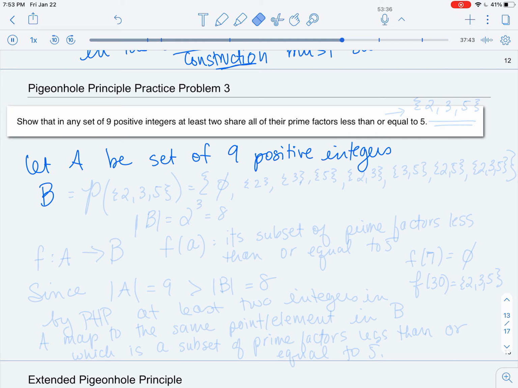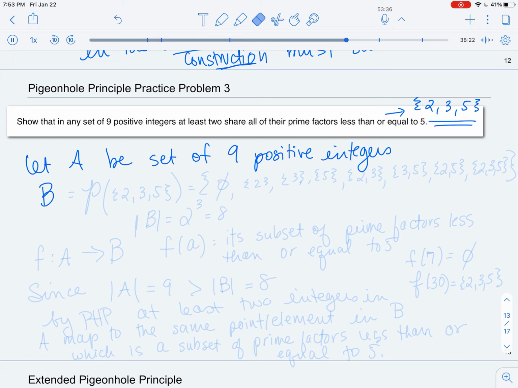We know that 1 is not included, but we can have 2, 3, or 5. And now they have to share the same prime factors less than or equal to 5. So in some respects, it is asking us to consider what subsets of these prime factors these integers must have.